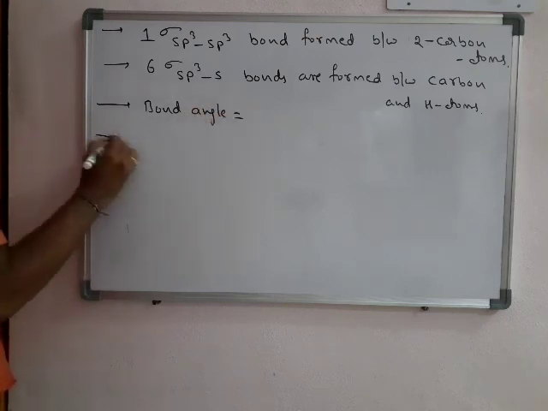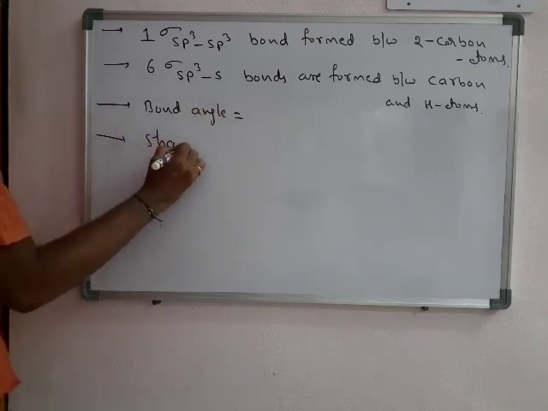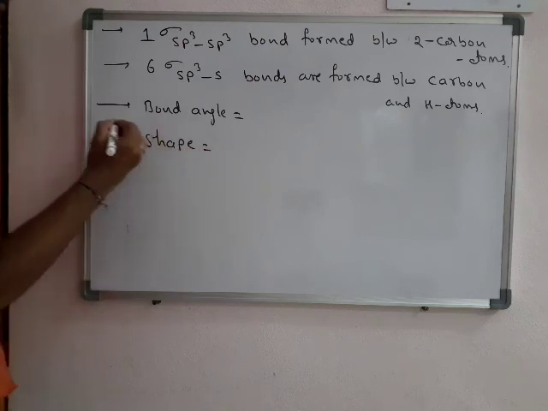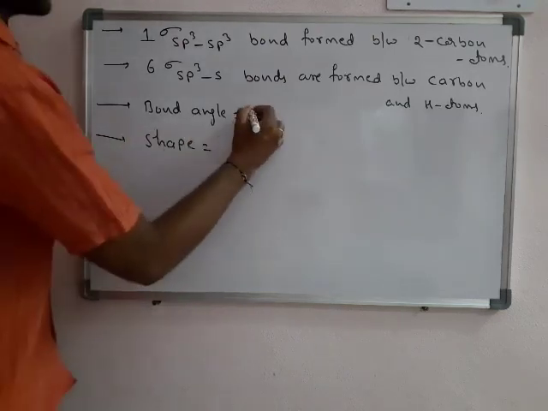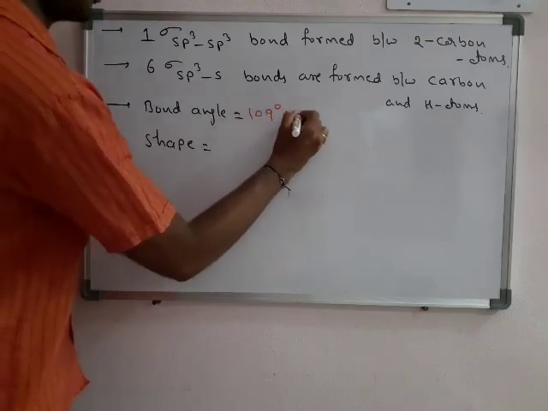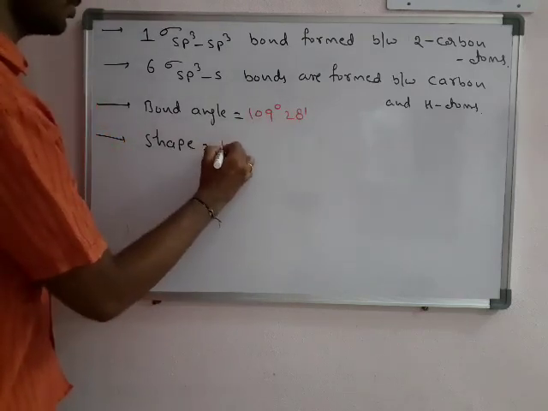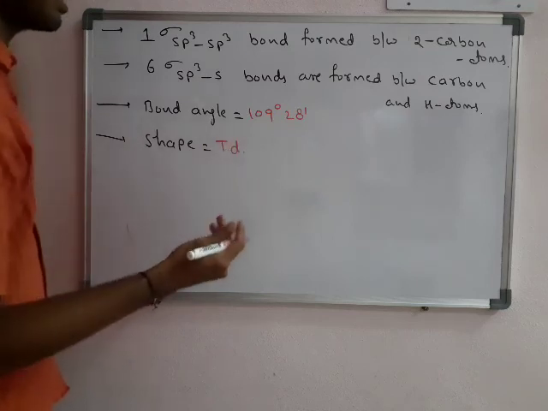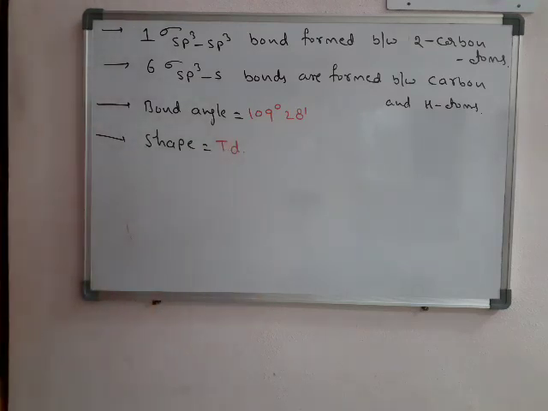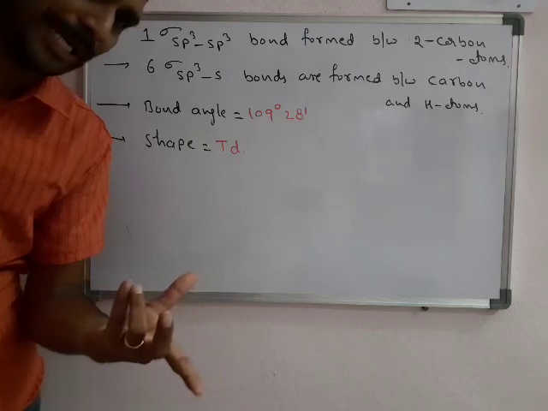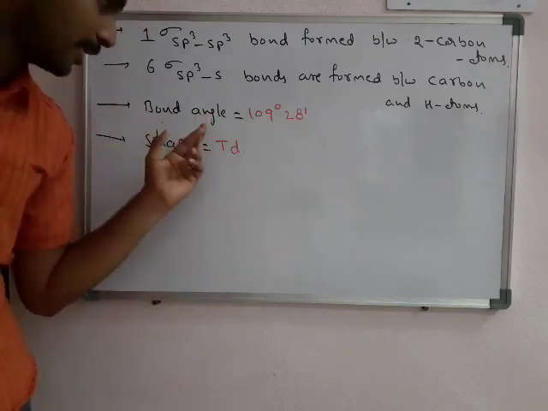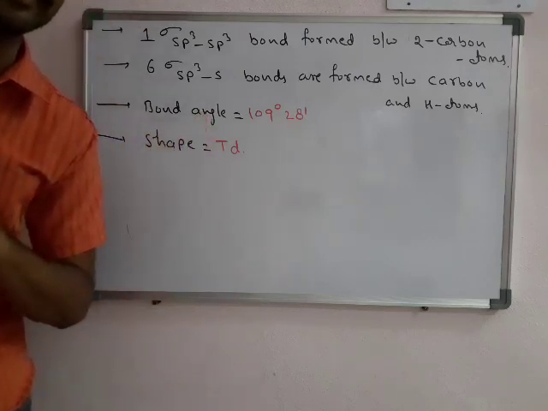The shape is also tetrahedral, as there are no lone pairs. Since there are no lone pairs, the bond angle and shape do not change. The structure is not separate because there are no lone pairs, so there is only tetrahedral.